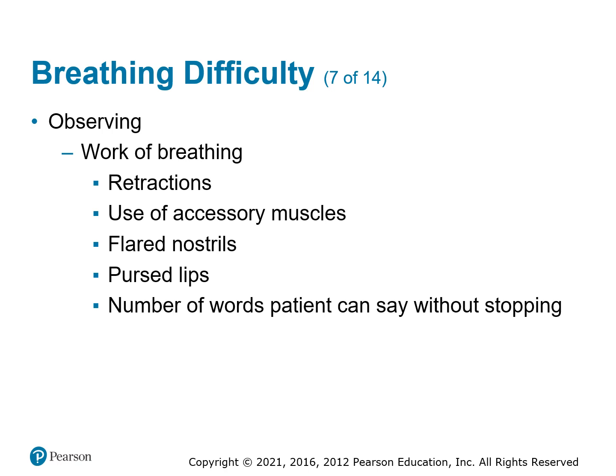So if someone is using them, we know that they're in some distress. Again, we're going to notice those flared nostrils, pursed lips, where it looks like they're trying to whistle. It just looks like they're trying to draw air in through a straw. We may also see some spit gathered at the corners of the patient's mouth because they just can't take the time to swallow because it's so important for them to continue getting that air in.